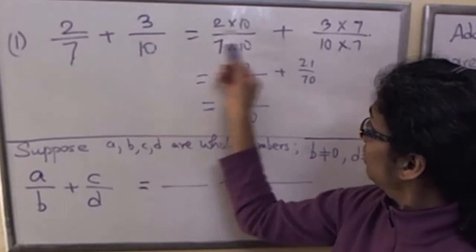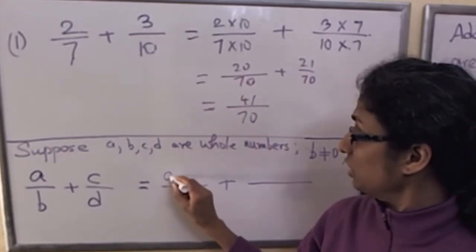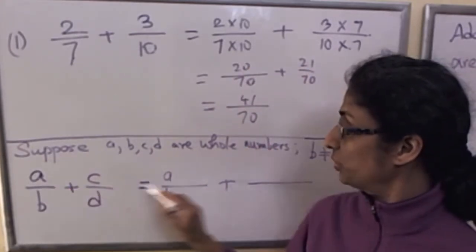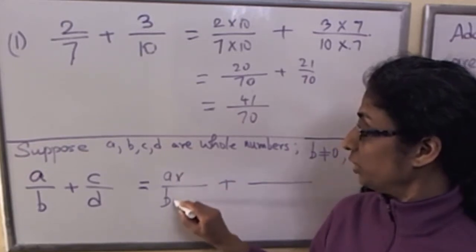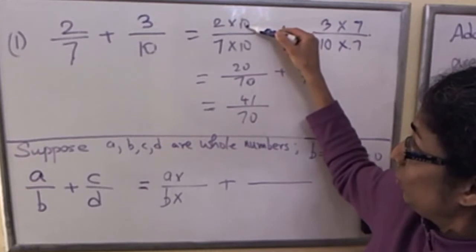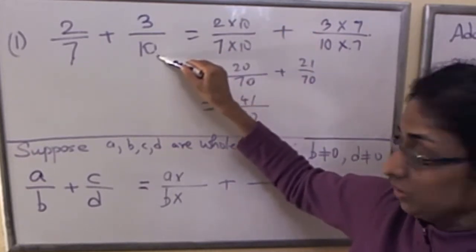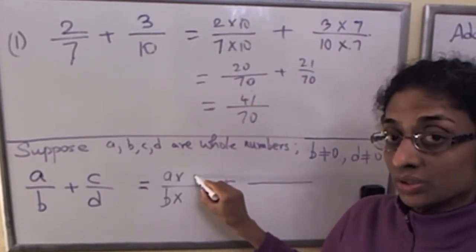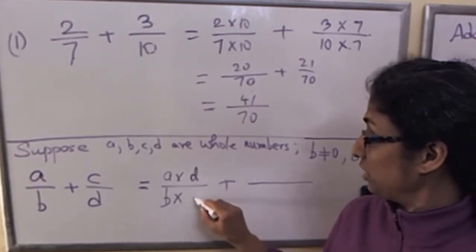How do we do that? We imitate this process. This one tells you A over B is replaced by A over B, and then we multiply the top and bottom by, do you guys remember what we did here? Where did we get the 10 from? From here. So here, what do you think we're going to pick? You're right. We're going to pick D.